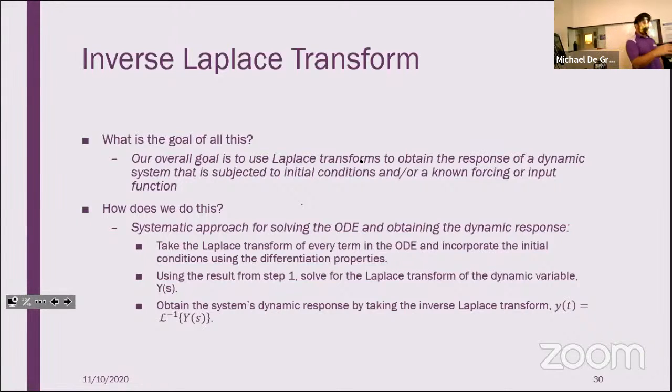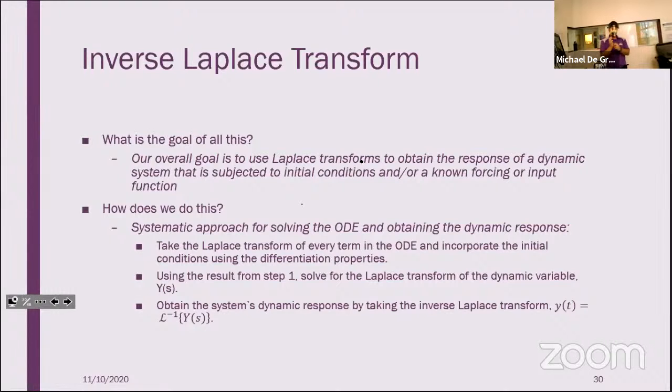What is this going to look like for us? Essentially, we don't have a framework for pulling this back out, but what do we have? We have the Laplace transform. If you know that a term, when you solve it, ends up as 1 over s plus 5, then you know you have e to the minus 5t, because I know what the Laplace transform is, and I know what function I need to create that Laplace transform.